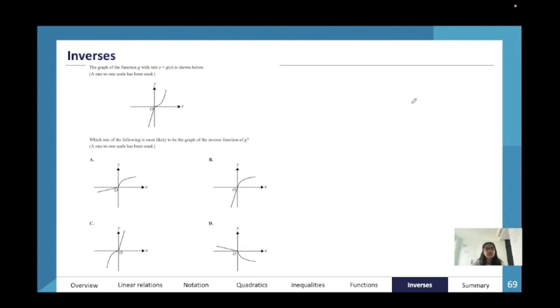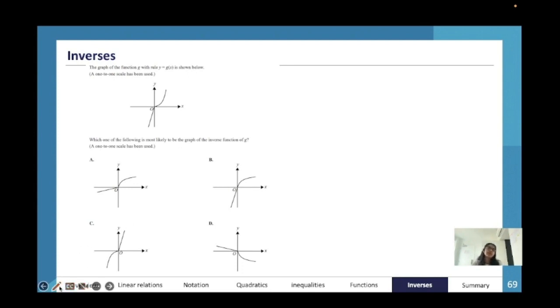Okay, so we're almost at the end of the lecture. Let's see what the time is. The graph of this function with the rule y equals g of x is shown below. It's a one-to-one function. Which of the following is most likely to be the graph of the inverse function?